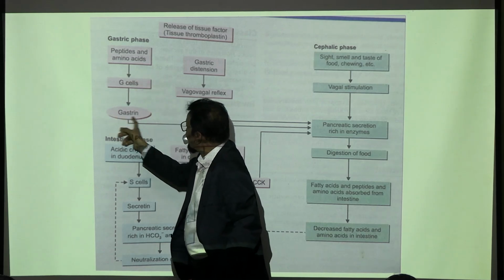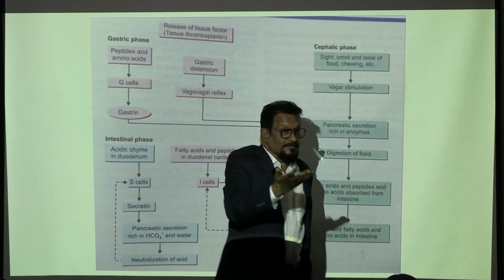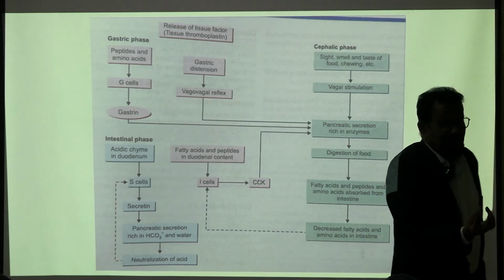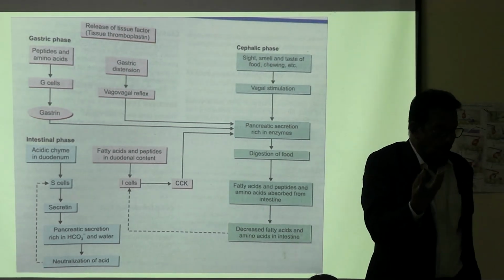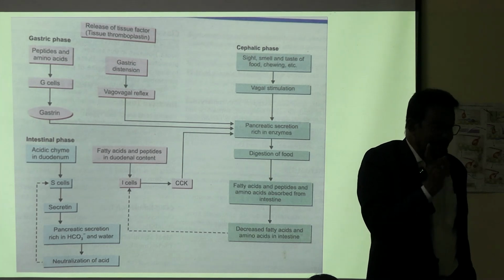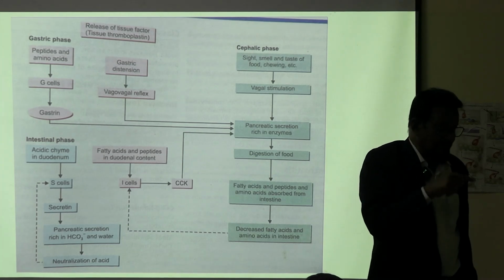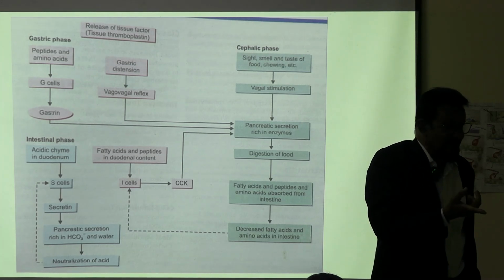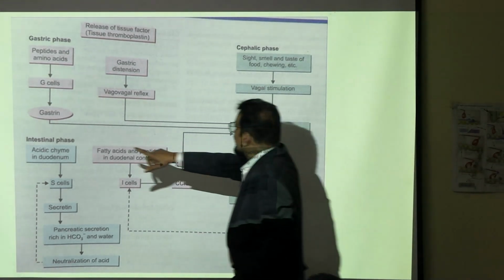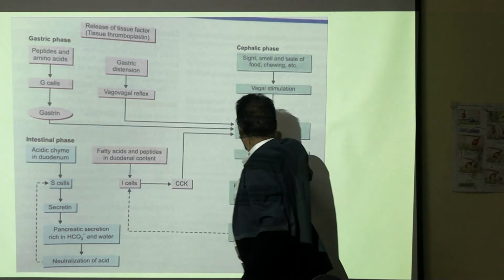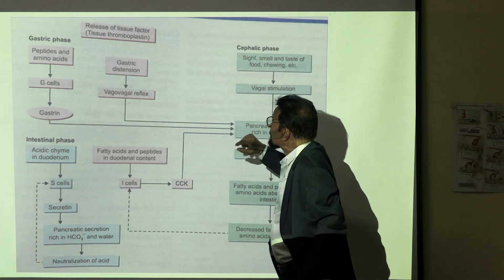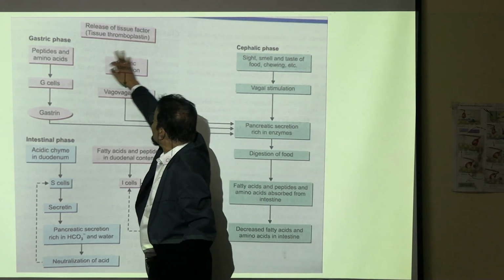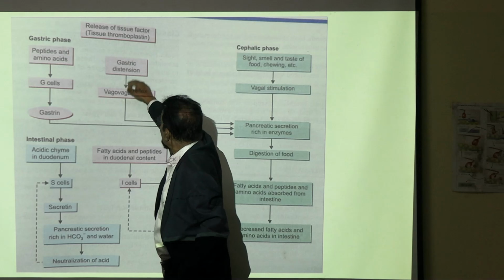From there, gastrin will be produced, because normally gastrin is the hormone of the stomach, but there are some cells in the intestinal wall that also produce gastrin. Now this gastrin will stimulate the acinar cell and it will produce these enzymes. This is the gastric phase.